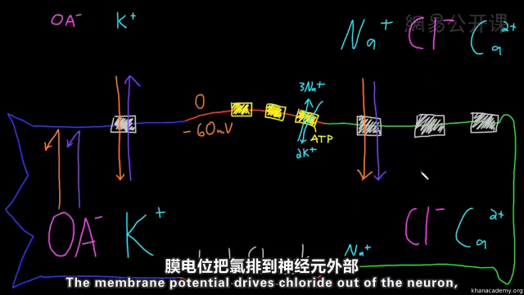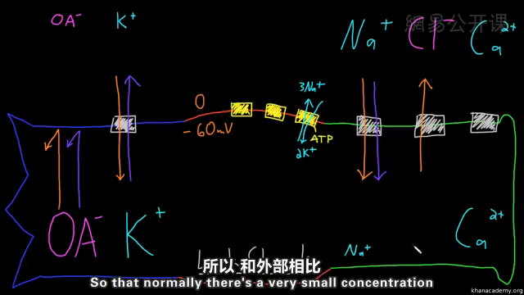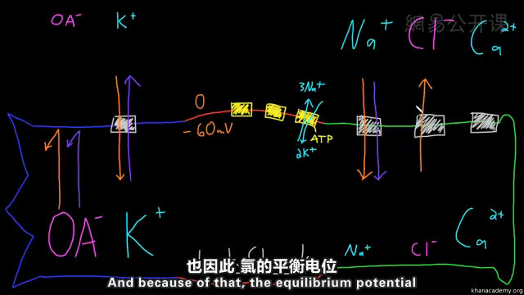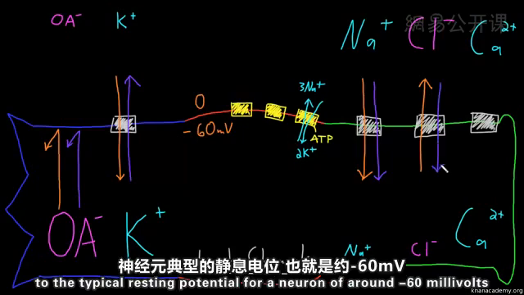The membrane potential drives chloride out of the neuron until its concentration gradient is big enough to balance it, so that normally there's a very small concentration of chloride ions inside the neuron compared to the outside. And because of that, the equilibrium potential for chloride is usually at or close to the typical resting potential for a neuron of around -60 millivolts.